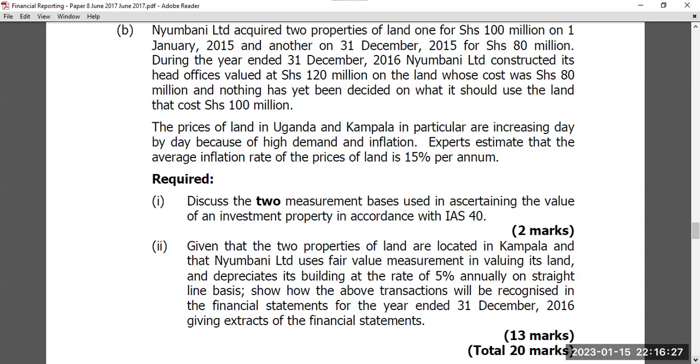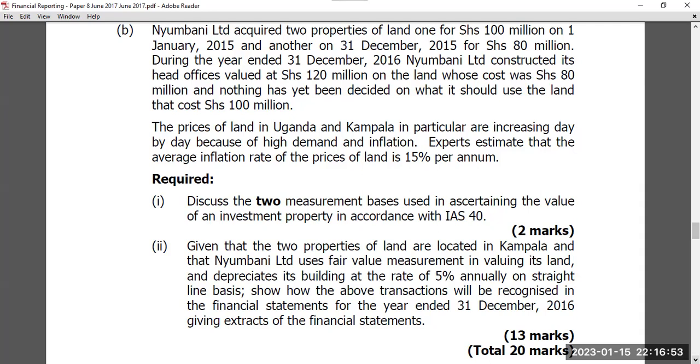But mainly when these prices are increasing, we are going to be seeing a gain, especially when the assets are depreciable or non-depreciable, as we are going to be seeing. They say the inflation is 15% per annum.